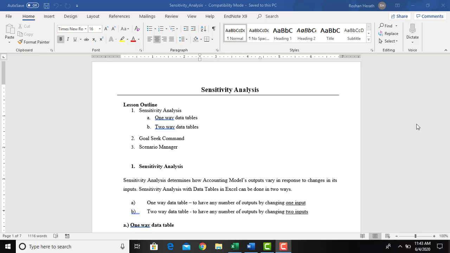In that model, your input is the selling price and your output is the profit. Likewise, sensitivity analysis means when there is a change in the input, how it affects your output. What is the corresponding change that it brings to the output? So it is about sensitivity analysis.